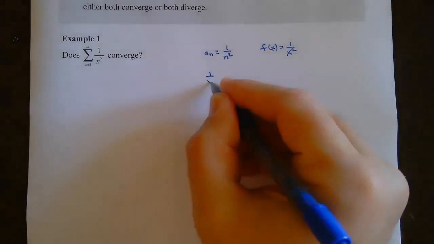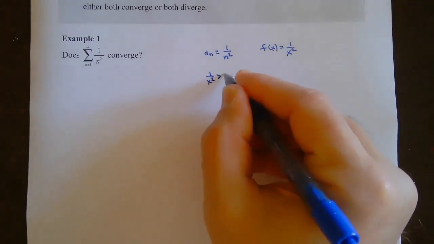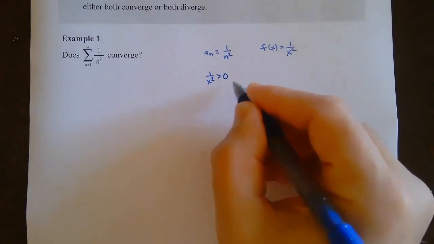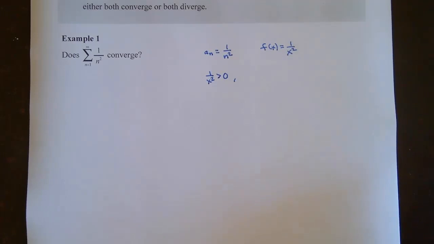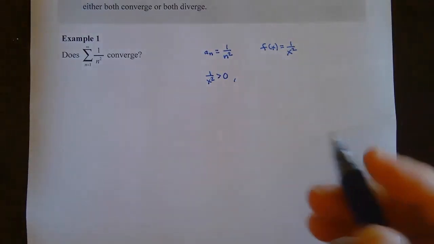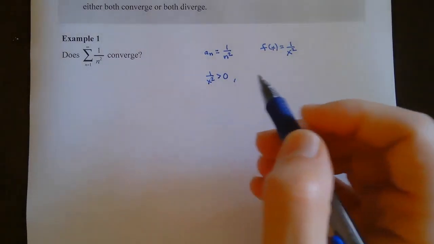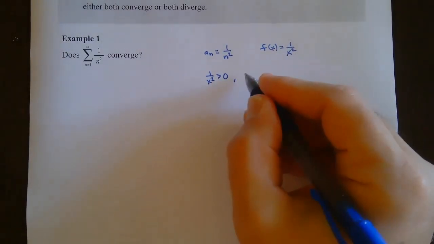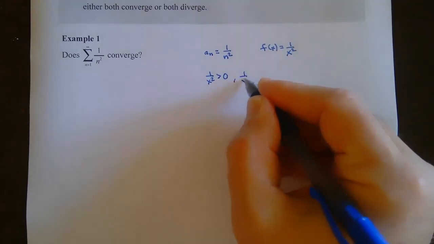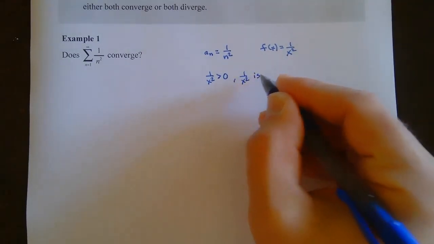1 over x squared is greater than 0, okay? And what is that saying? It's saying it's always going to be positive, okay? Is it continuous? Yeah, there's only a break at 0, and we're not including 0, right? Okay, so 1 over x squared is continuous.